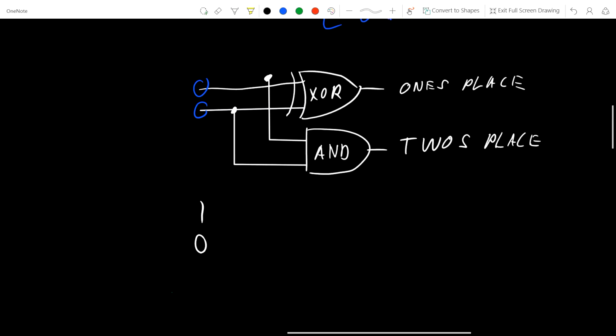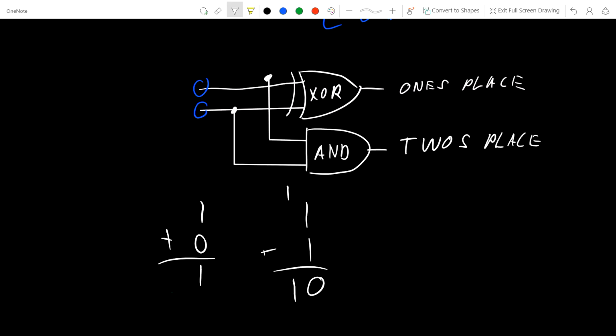So, for example, say we were adding 1 to 0. Remember, we're adding in binary, so instead of going 0, 1, 2, 3, 4, 5, 6, 7, 8, 9, we just go 0, 1, and then we start carrying it over as soon as it's anything over 1. So, if we're adding 1 plus 0, we get, well, 1.